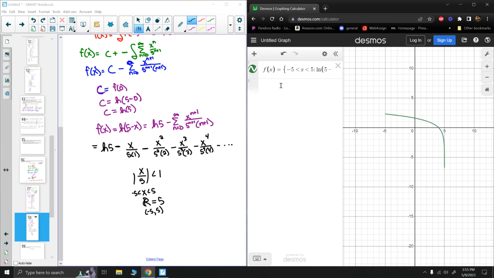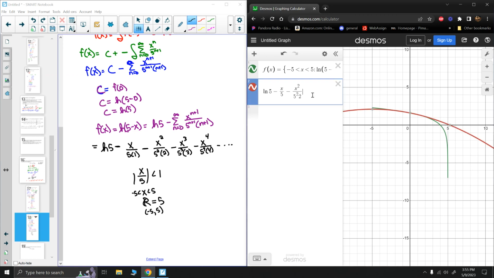Anyway, so let's take a look. Ln of 5 minus x over 5 minus x squared over 5 squared times 2. All right, so we can see that that's starting to look pretty good. Now this is a log, so I imagine it might take a little bit more to get it really, really good, just because of what logs do.